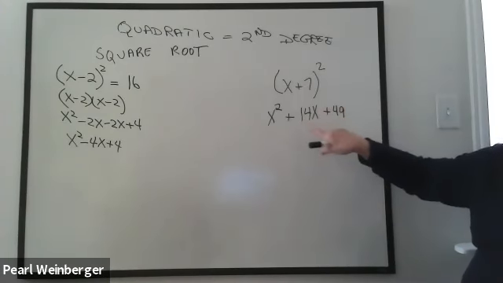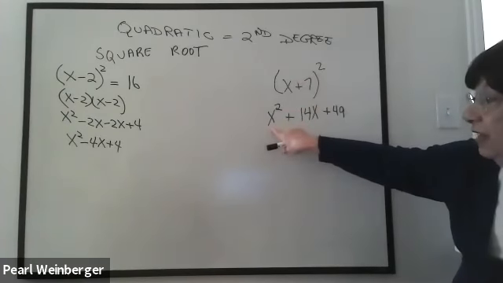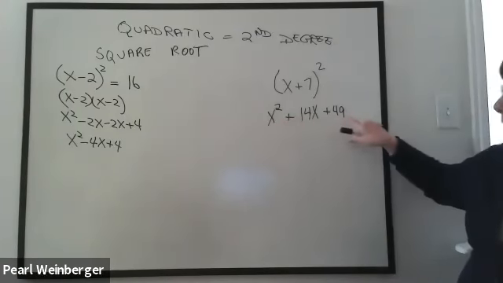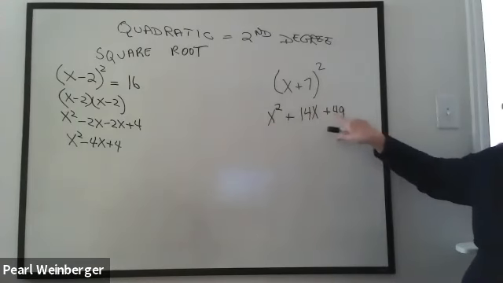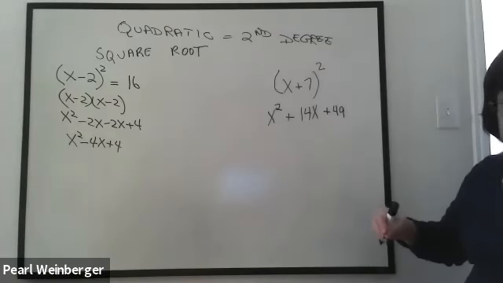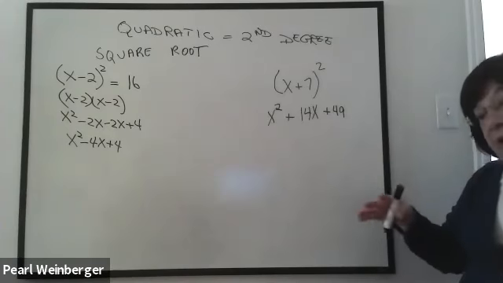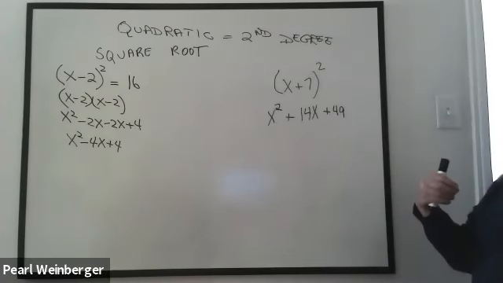And the middle term is the combination of the 7 and the x multiplied twice. The square root of this is x, the square root of this is 7. 7x times 2 gives me the 14x. That is the pattern. So if I look at the pattern, then I can do this squaring or unsquaring pretty quickly.